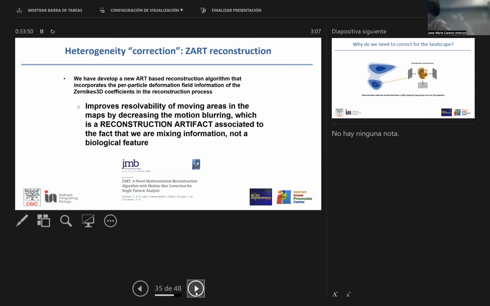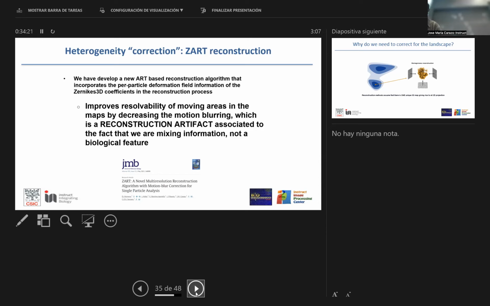What about if we reduce this reconstruction artifact by changing the reconstruction algorithm and say, listen, the reconstruction algorithm now is going to be much cleverer. It's going to know that each of the images is not coming from the same specimen. Each of the images is coming from this flexible analysis that has been done before with this Zernike coefficient.